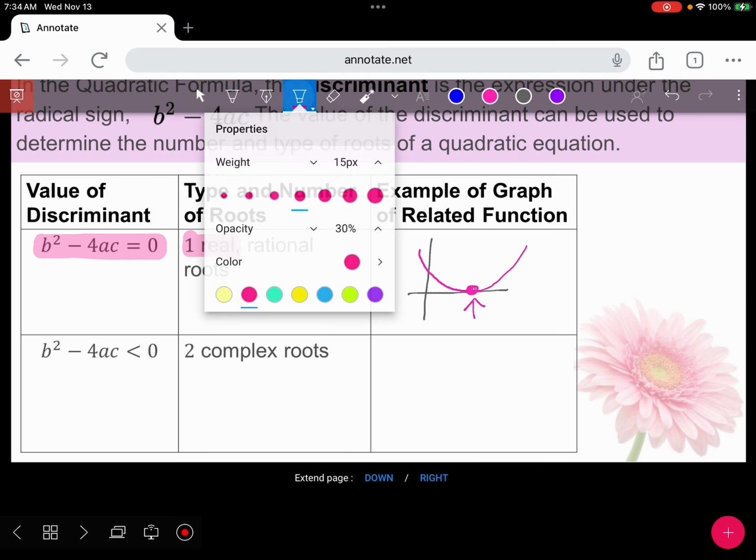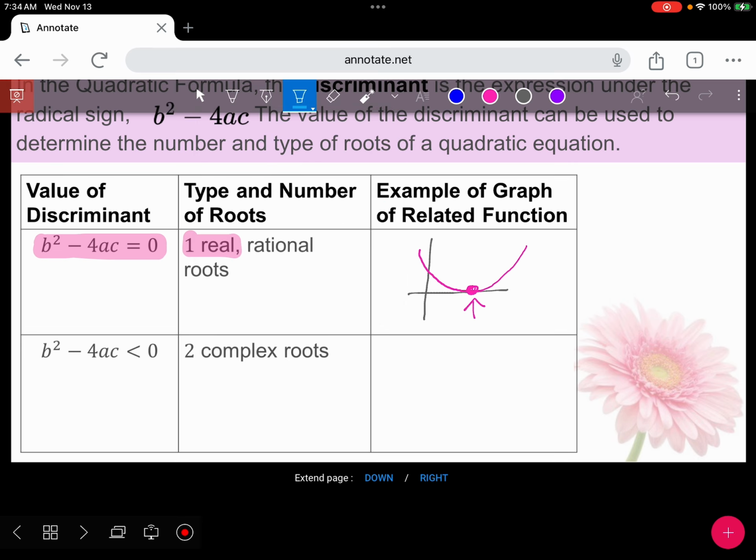And then our last option is if that statement, b squared minus 4ac, is less than 0. If we get a negative number, that's when we get complex roots or imaginary roots. Complex numbers are just those like 2 plus 3i.